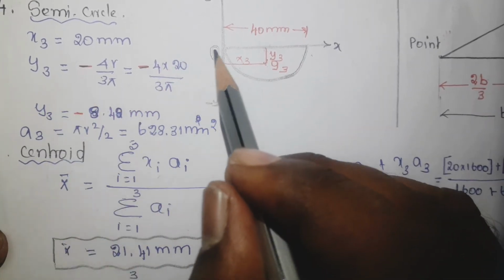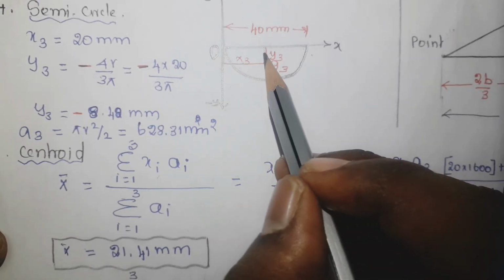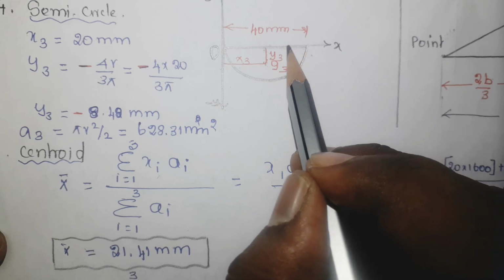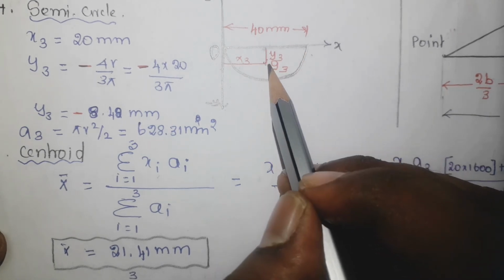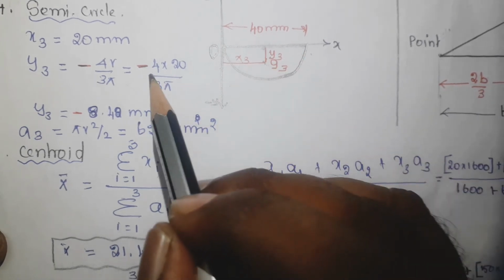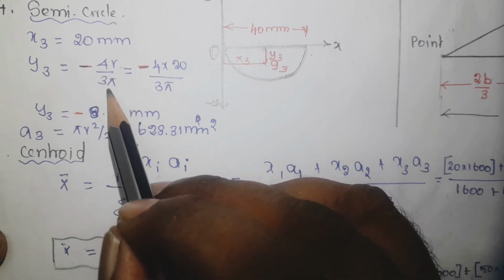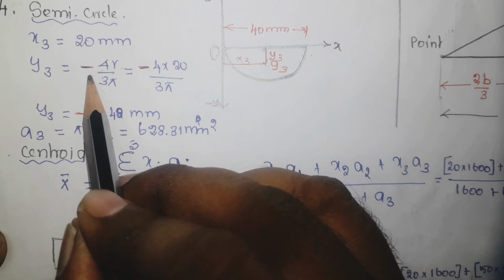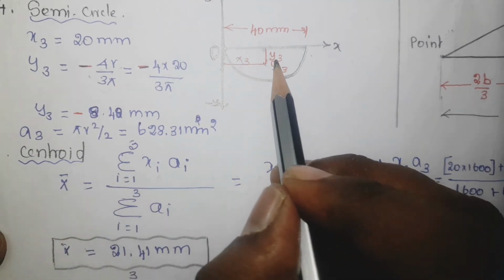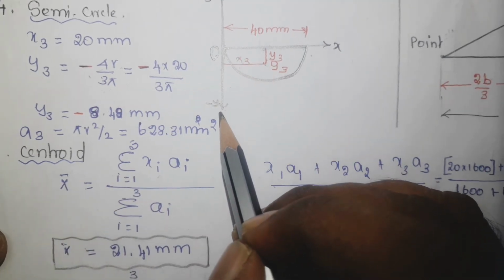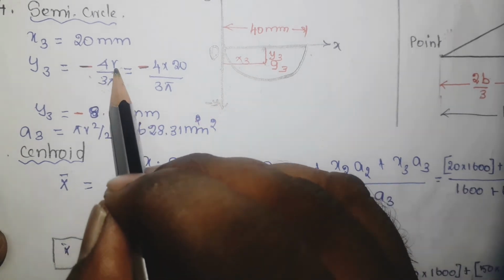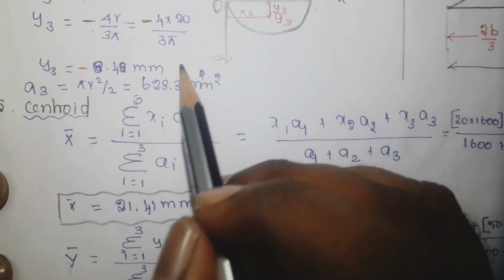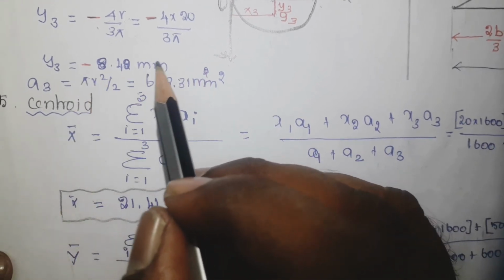Then y3 should be taken from the x-axis, and this is the diameter of the semicircle. From the diameter end to this centroid, it is 4r by 3 pi, and you have to put a minus here because this y3 is lying on the negative side of the y-axis. 4 into r, in the place of r substitute 20, 4r by 3 pi, and you will get the answer y equal to 8.48 mm.